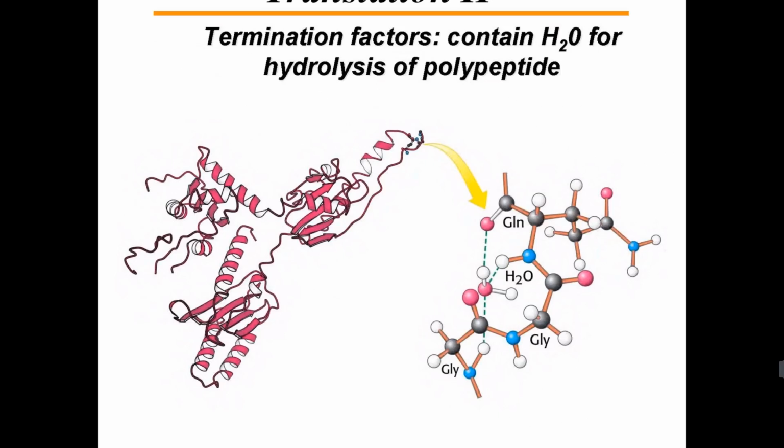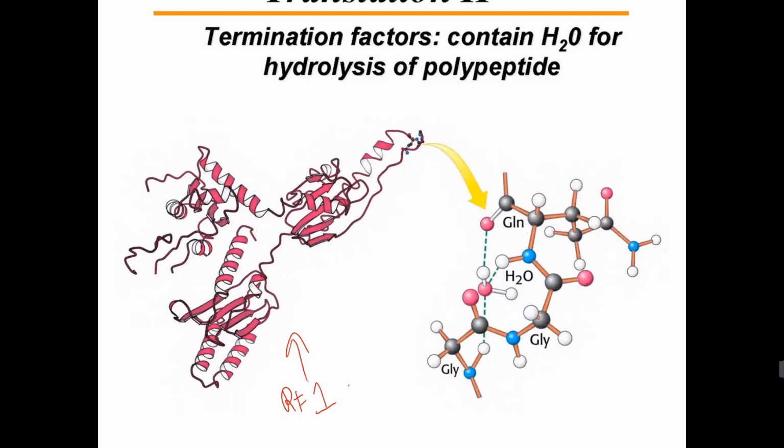This slide depicts one of the release factors. RF1 is depicted here, and it recognizes the stop codon in the A site and will stimulate the release of the completed protein from the tRNA in the P site.